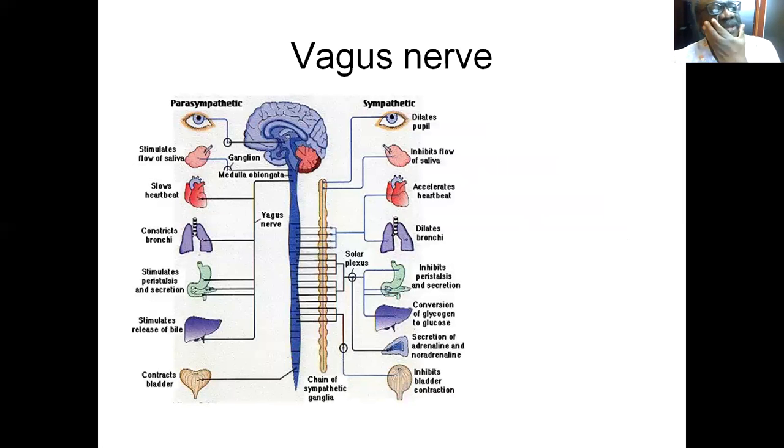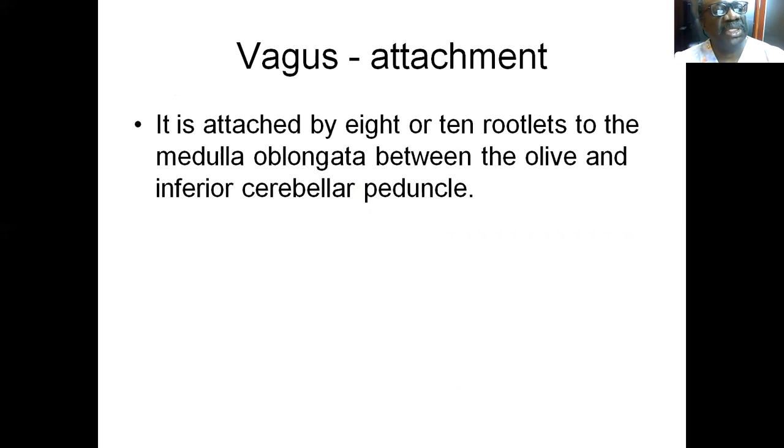So this is the distribution of the vagus nerve. You can see the parasympathetic distribution on the left side of the screen and the sympathetic distribution on the right side of the screen. Now, the vagus nerve is attached by 8 or 10 rootlets to the medulla oblongata between the olive and the inferior cerebellar peduncle.